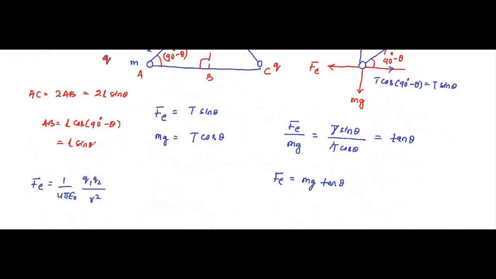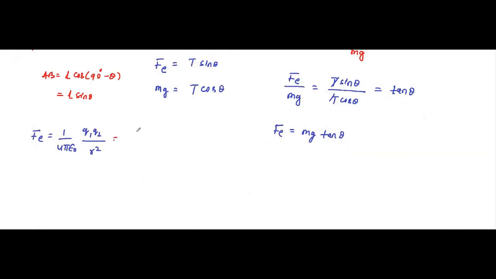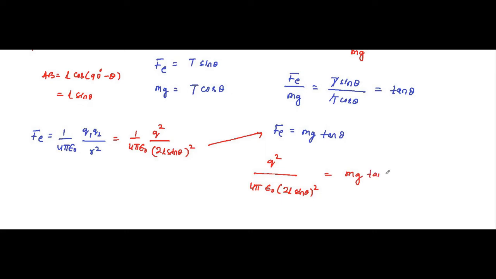If we substitute here, it becomes 1 by 4 pi epsilon 0, two identical charges q, q square by 2L sin theta whole square, and this is equal to Fe. That implies q square by 4 pi epsilon 0 (2L sin theta) whole square is equal to mg tan theta.